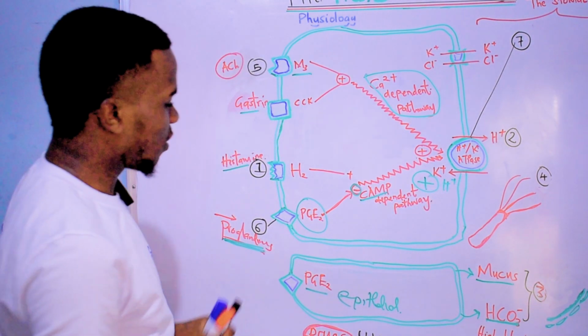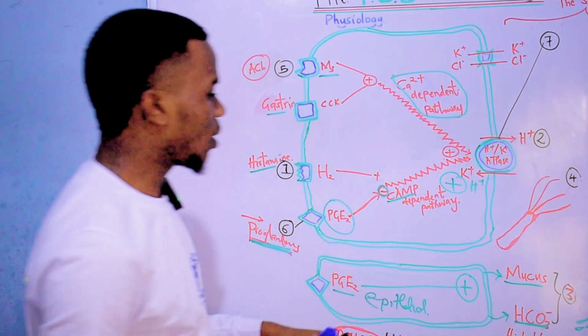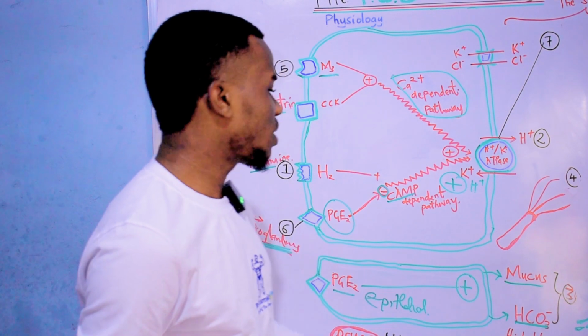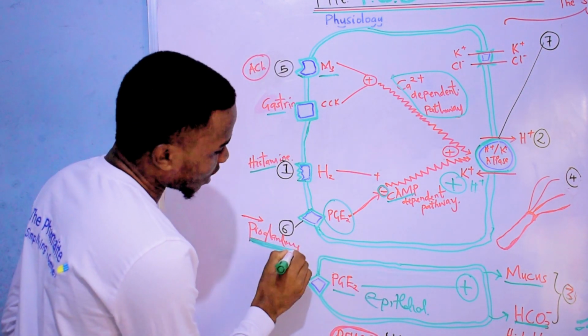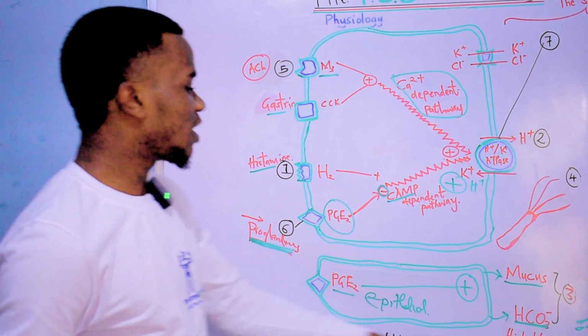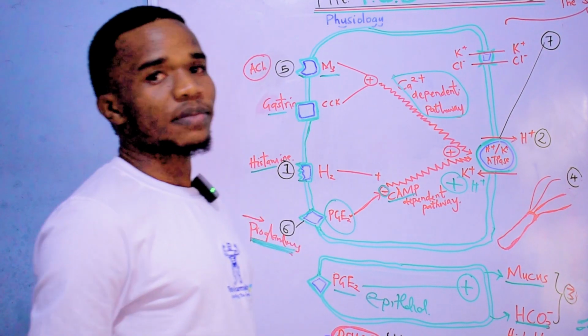The other is that it stimulates the production of bicarbonate ions and also the production of mucus. That is why we include prostaglandins as part of the defensive components in peptic ulcer disease.